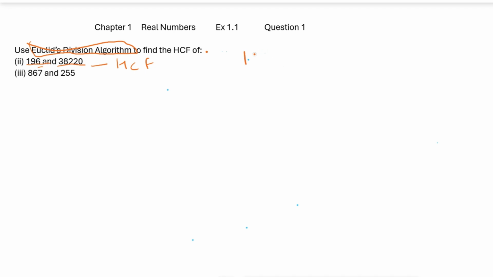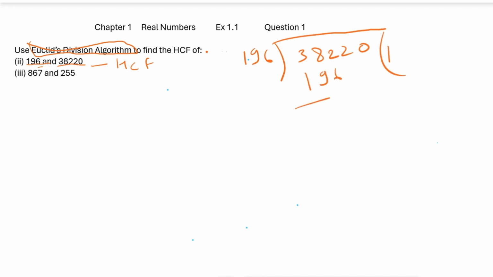Let me divide 38220 by 196. Here it will come like 196, and now what it will give, it will give us 186, and then this 2 comes here.